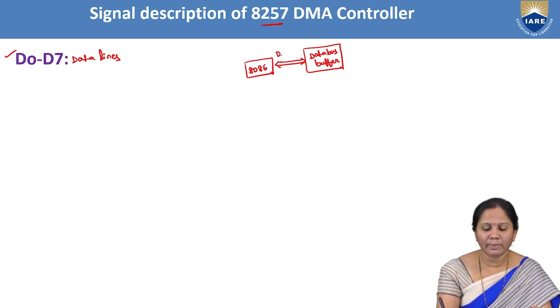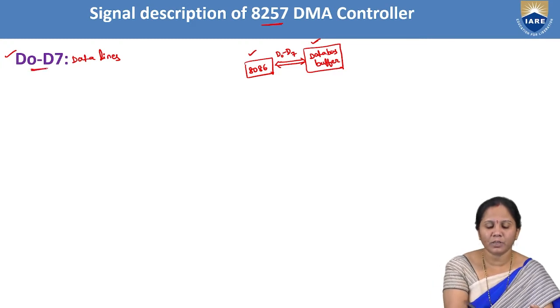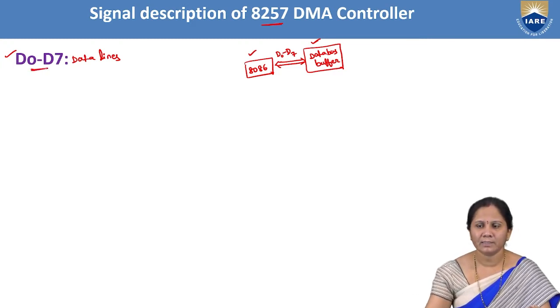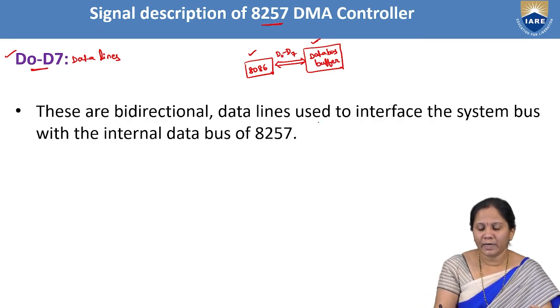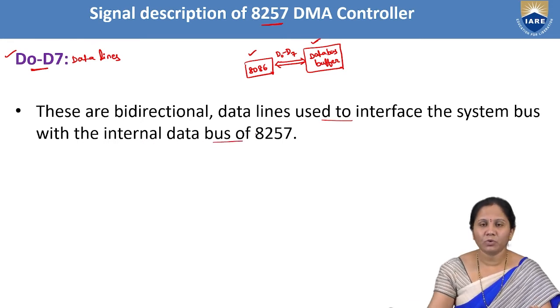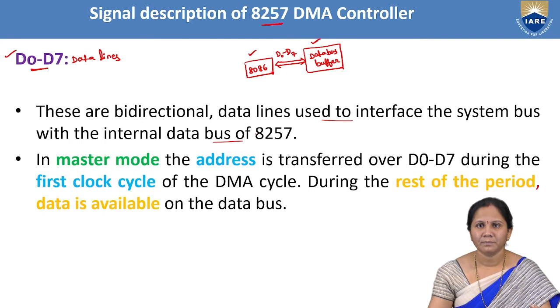These are the bidirectional data lines D0 to D7 carrying information from the 8257 DMA controller to 8086 and from 8086 to the DMA controller. So that is the importance of the D0 to D7 data lines. They are used to interface the system bus with the internal data bus of 8257.